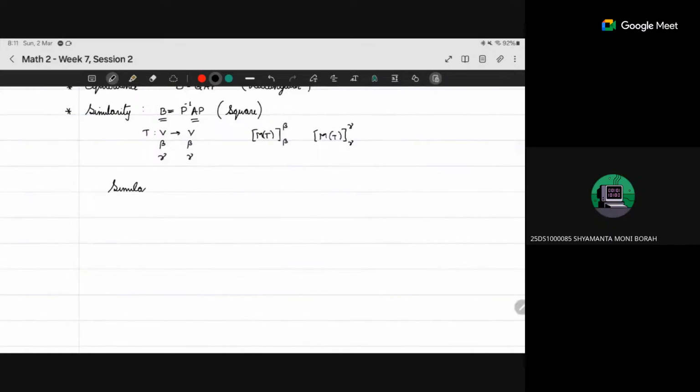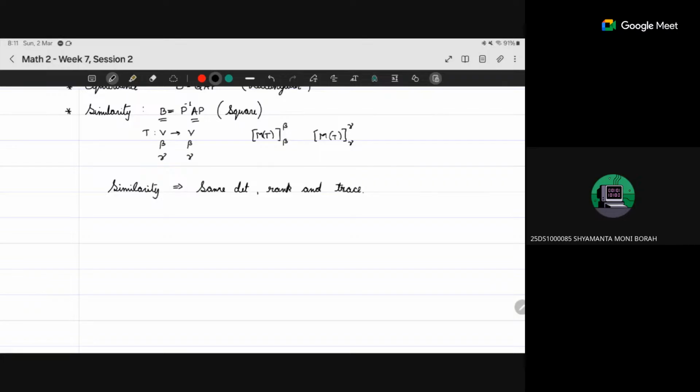One of the properties that we saw was that similarity implies same determinant, rank, and trace. Trace being the sum of the diagonal elements. But even if two matrices have the same determinant, rank, and trace, that does not imply that they are similar.